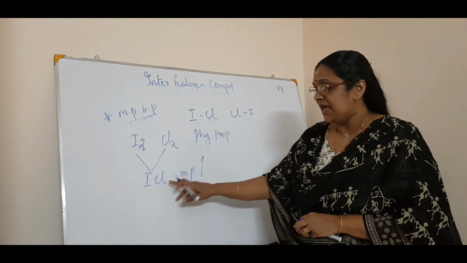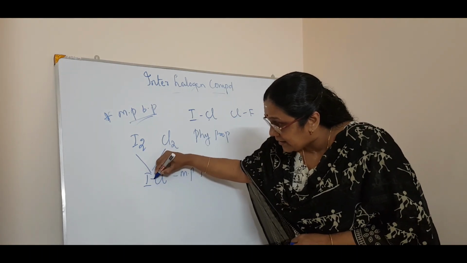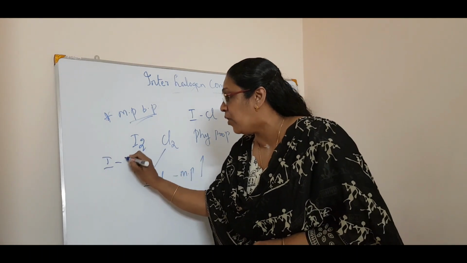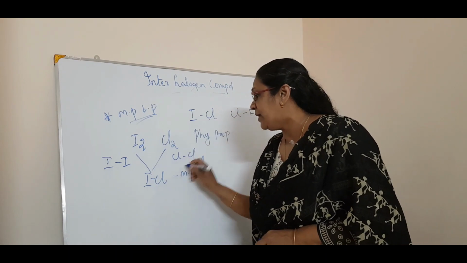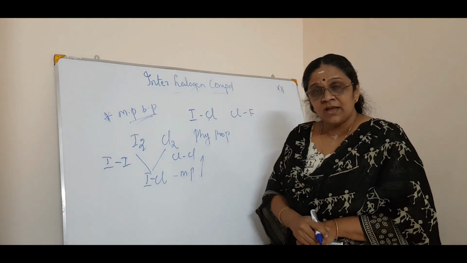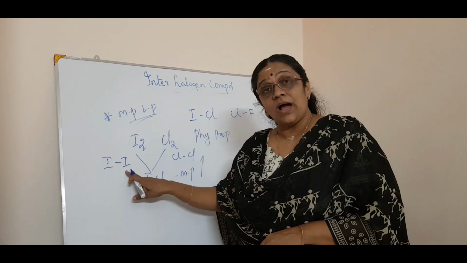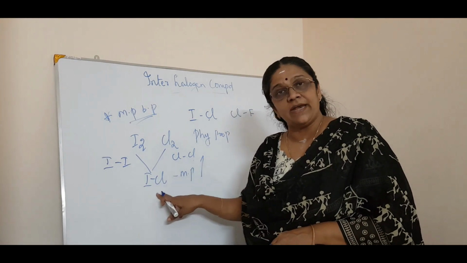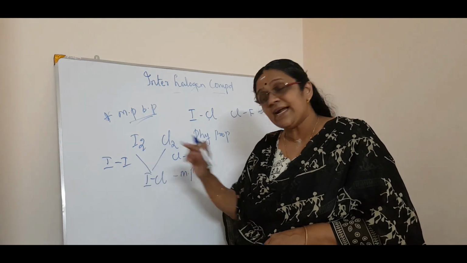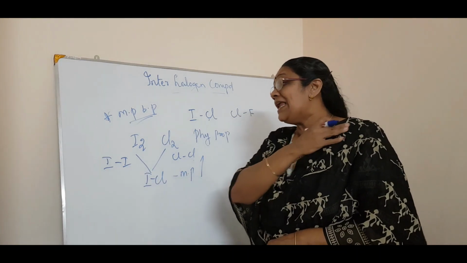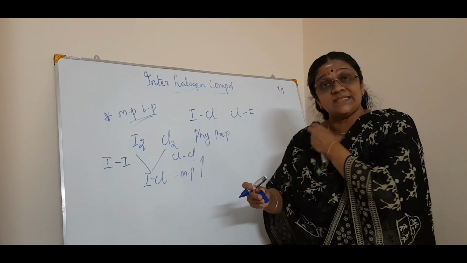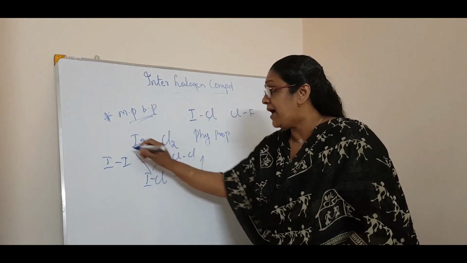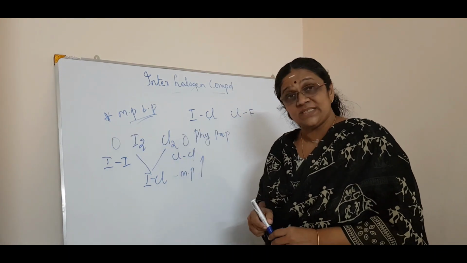Why? Because in the case of ICl, if you take the I-I bond, the Cl-Cl bond and the I-Cl bond, the first two have the same atom, iodine or chlorine, but here there are different atoms. Now see the electronegativity. What is the electronegativity difference in I2 and Cl2? Since it is the same atom, it is 0, isn't it?